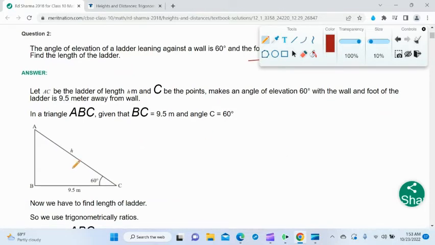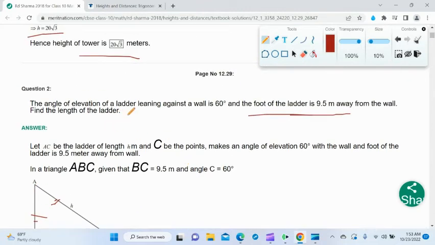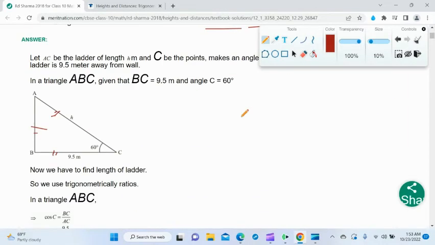So basically, consider that this is the wall, this is the ladder, and it says the ladder is 9.5 meters away from the wall. So basically it is 9.5, and at the same time the ladder is leaning against the wall at 60 degrees. So this angle is 60 degrees, correct?